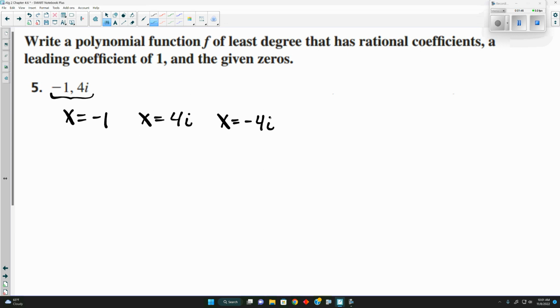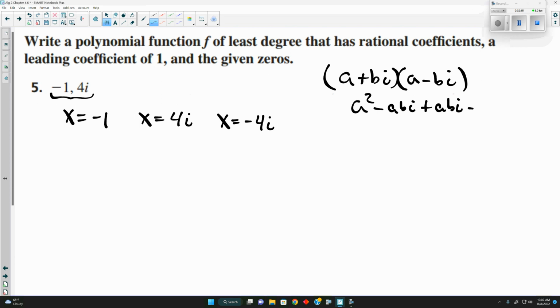Questions on this here? So wait, what if x is positive 1? Because that would be a different value than -1. Because we only do it with the i terms, and the main part is going into the fact that a plus bi times our a minus bi, when we multiply this out, we'd have a squared minus abi plus abi minus b squared i squared.